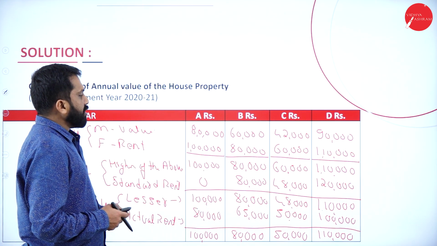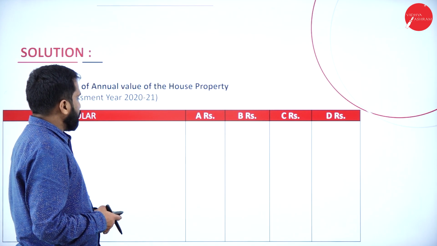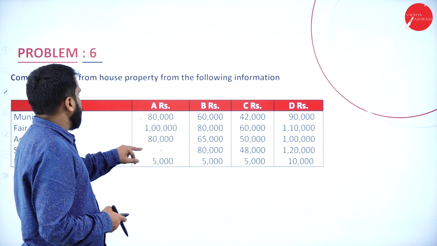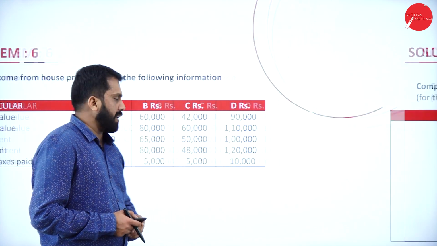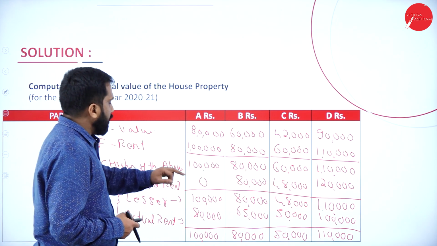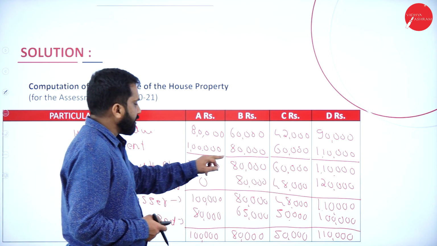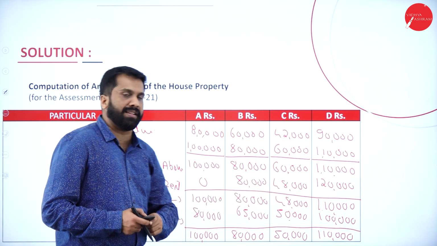Now, next one will be what? Your standard rent. They have given nil, 80,000, 48, 120. Whichever is less, 1 lakh is less, 80,000 less, 48 less, and 1,10,000 is the less.